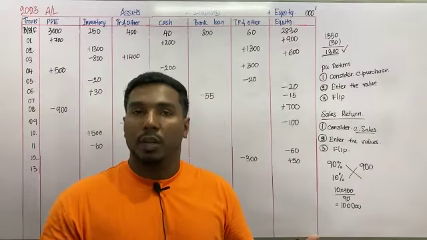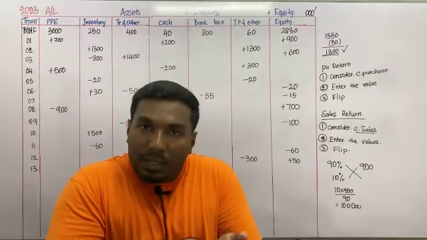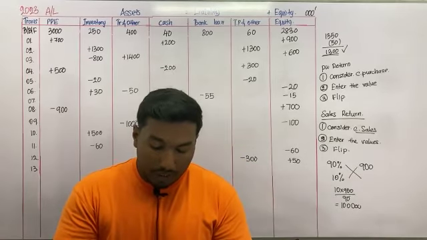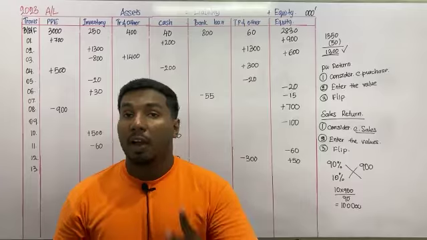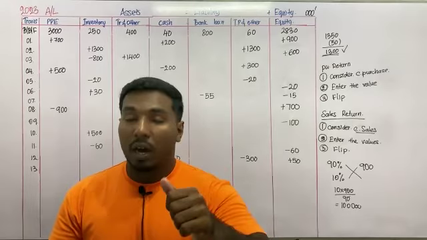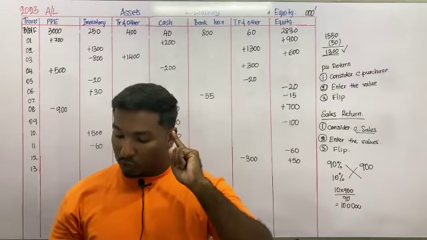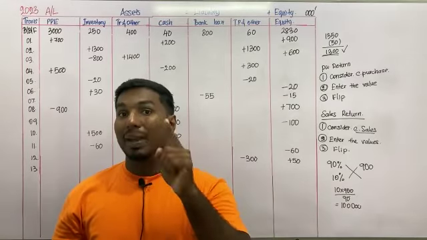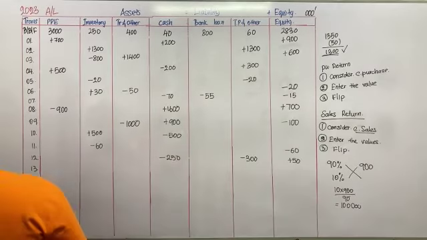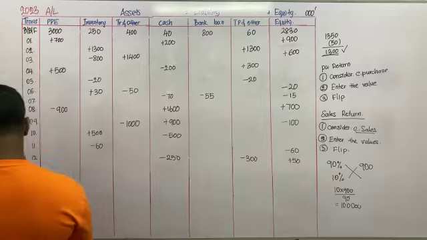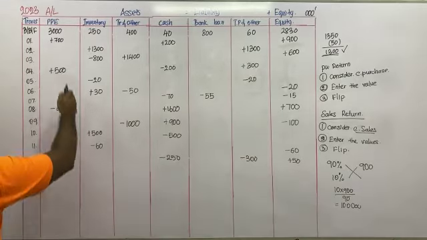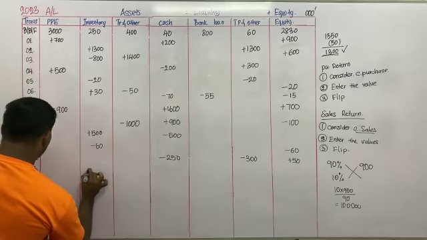No need to worry. Again, split that transaction into two. So in transaction number 13, we have two transactions. Goods were destroyed 100,000 and the insurance company agreed to pay 80%. So first, what we have to do? We have to enter how much is destroyed.